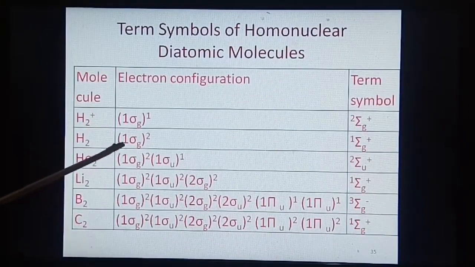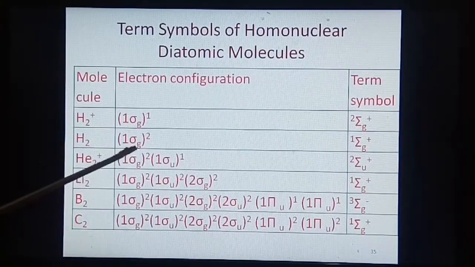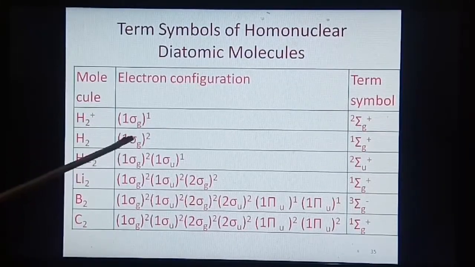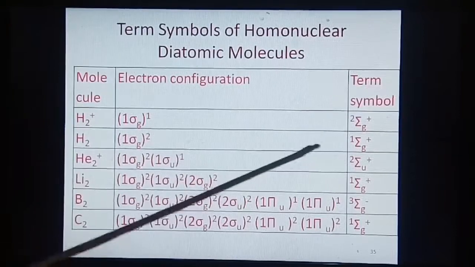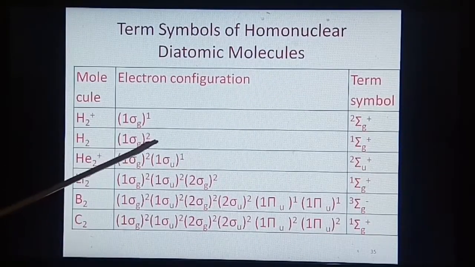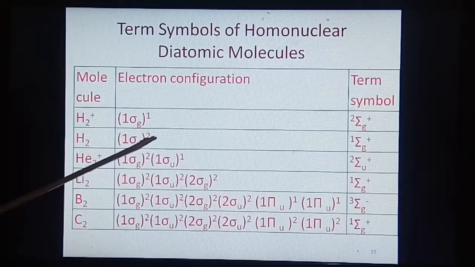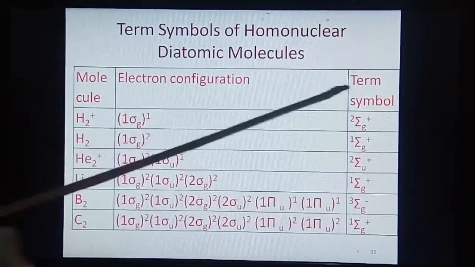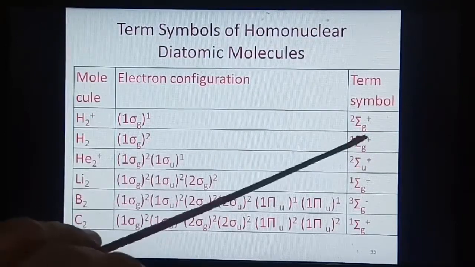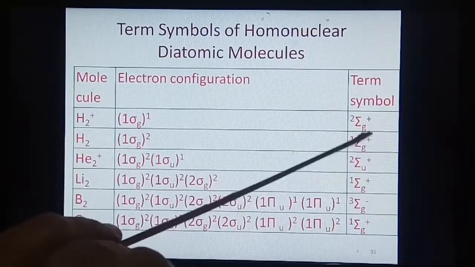In H2 there are two electrons, 1 sigma g2. Again the term symbol is sigma, parity will be g. Both electrons are paired, so the spin multiplicity is 1, and because it is a sigma orbital, the symmetry will be plus.